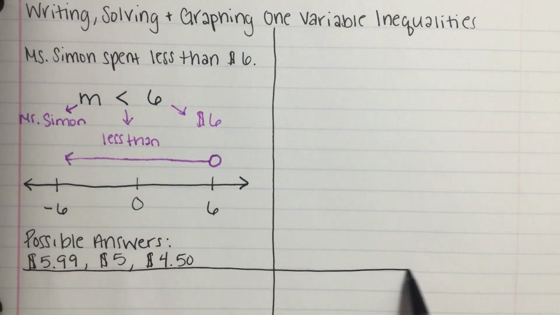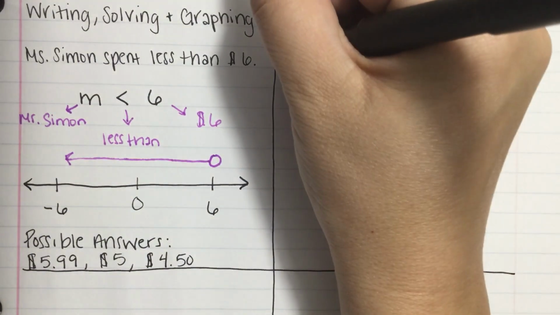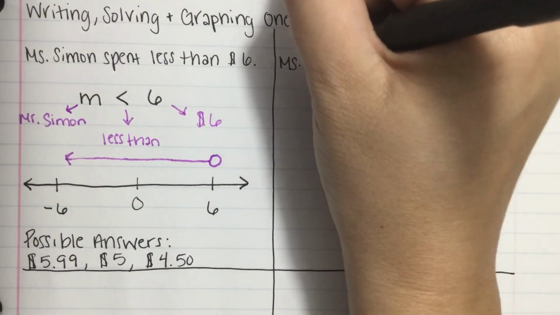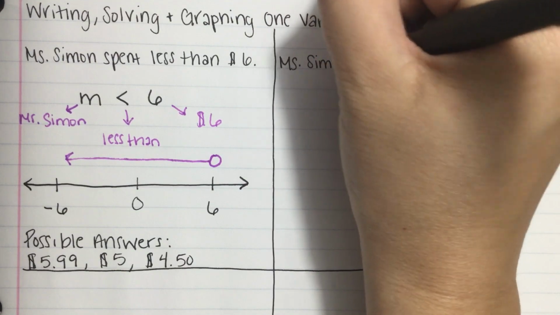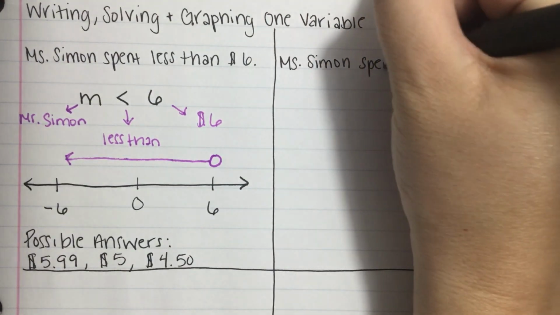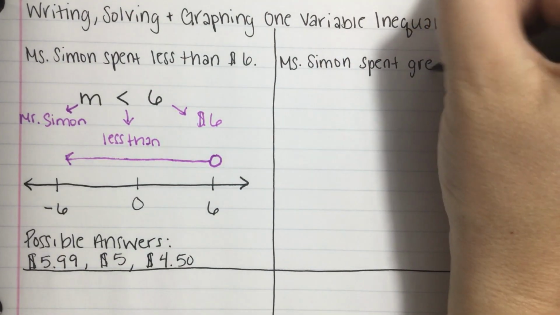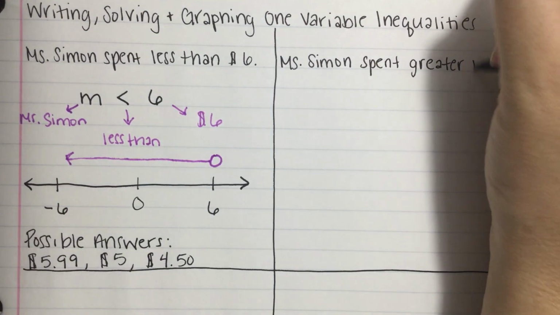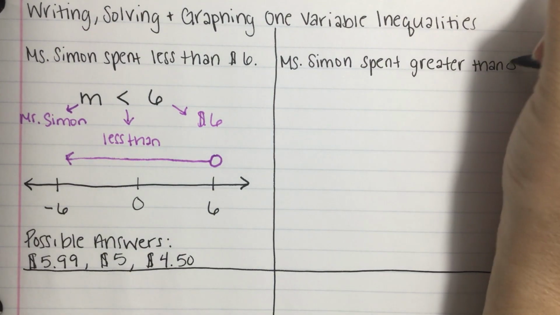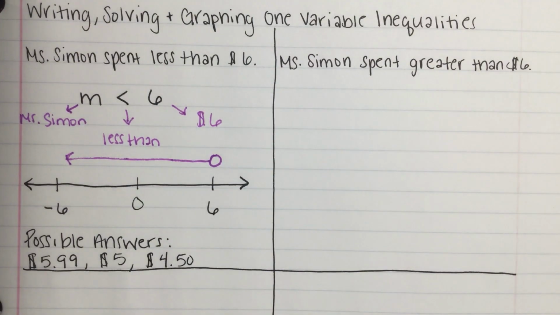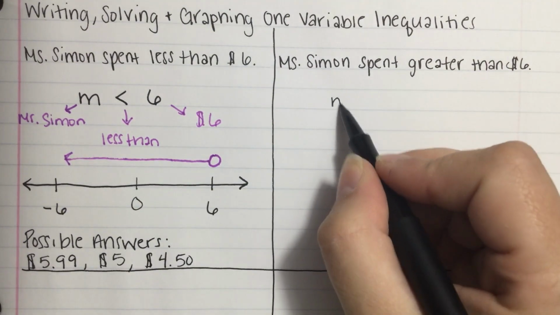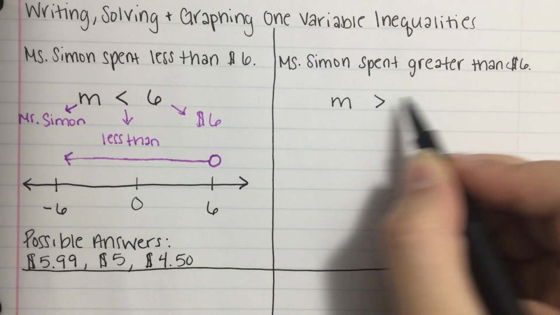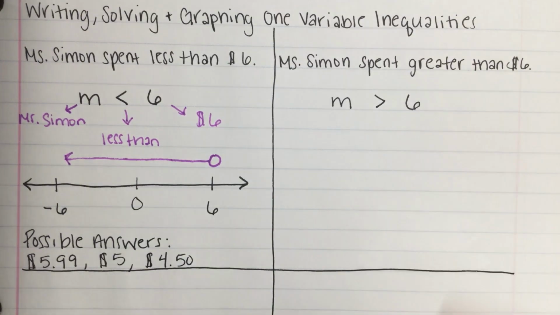So I'm going to use that same story, but I'm going to change it up with one word. Miss Simon spent greater than $6. So again, I'm going to have my M. I'm going to switch my sign, and I'm still going to have my 6.